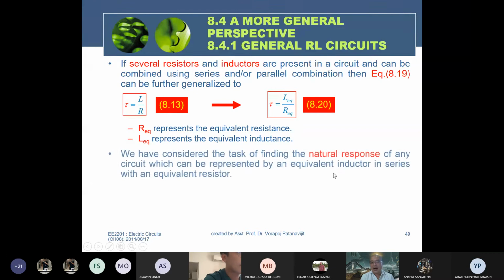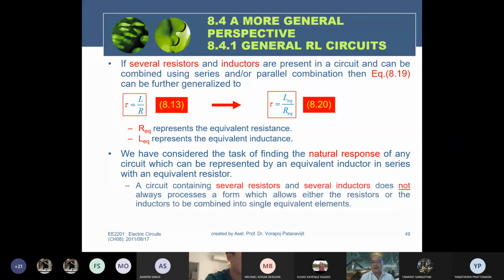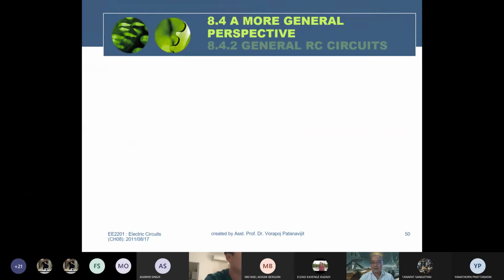We have considered the task of finding the natural response of any circuit which can be represented by an equivalent inductor in series with an equivalent resistor. A circuit containing several resistors and several inductors does not always take a form which allows the resistors and the inductors to be combined into a single equivalent element.